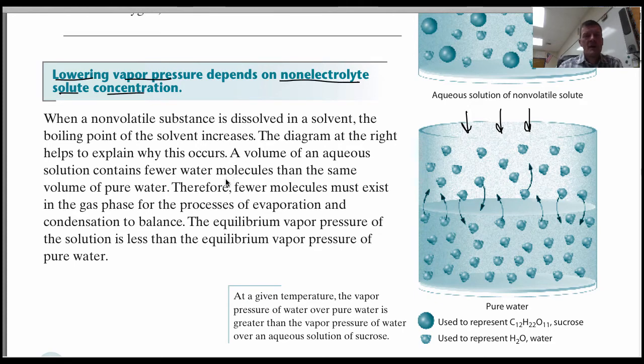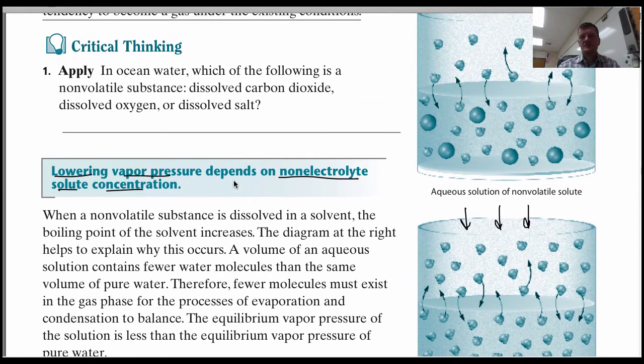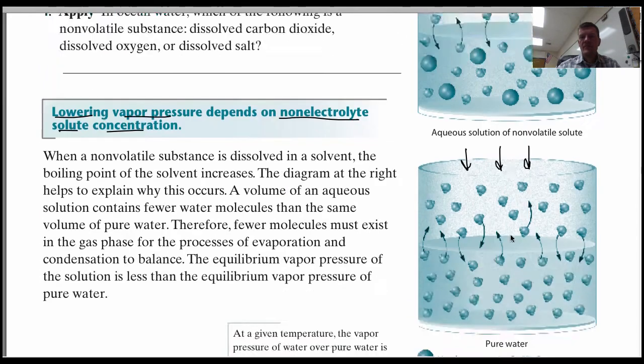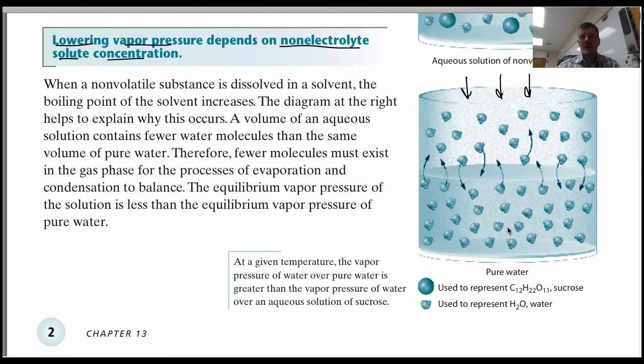We'll talk more about that probably later on, but the idea here is when a non-volatile substance is dissolved in a solvent. Non-volatile means it doesn't evaporate very easily. Okay, non-volatile substance is dissolved in a solvent, the boiling point of the solvent increases.